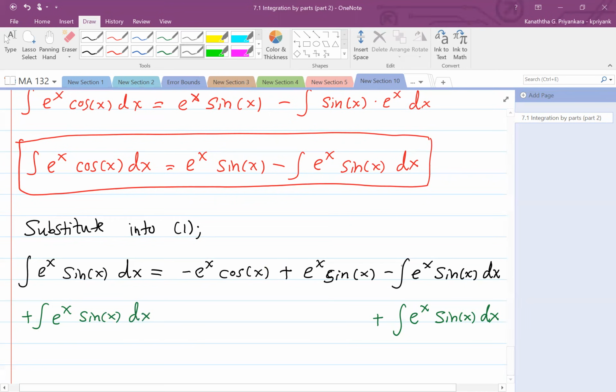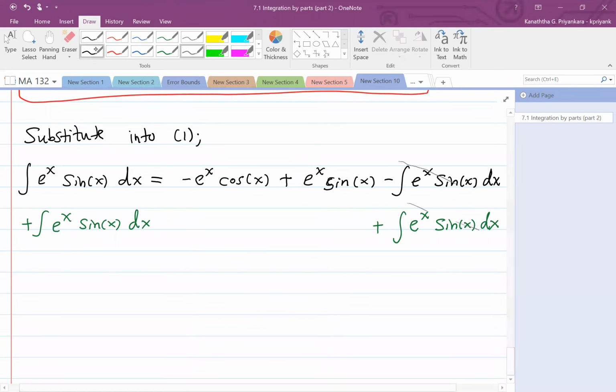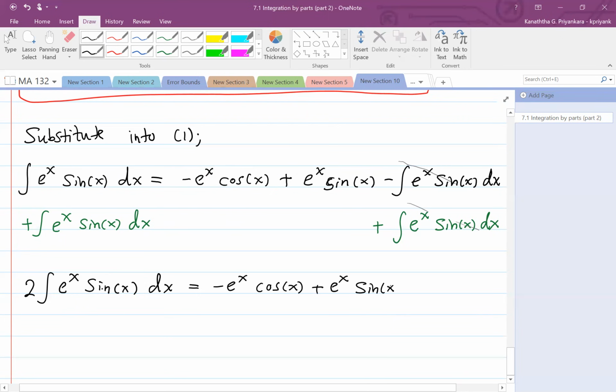Then I can cancel out these two. Now if we add these two, we get 2 times integral e to the power x sine x dx equals the right hand side, which is negative e to the power x cosine x plus e to the power x sine x.